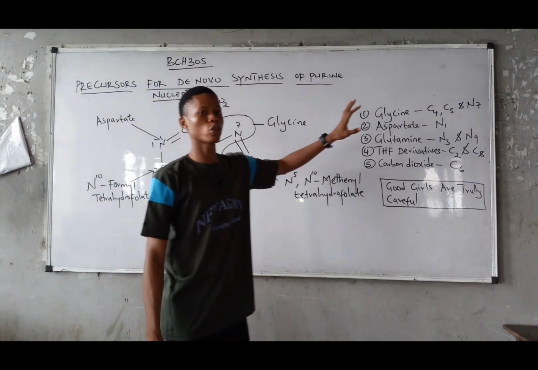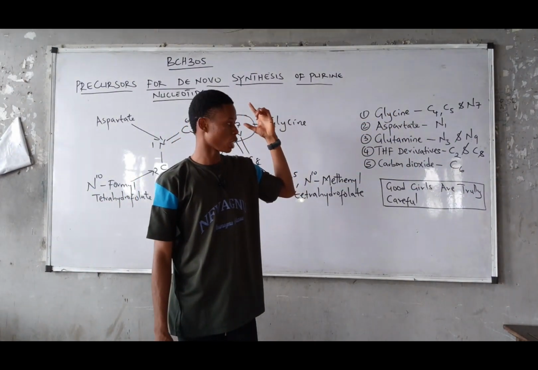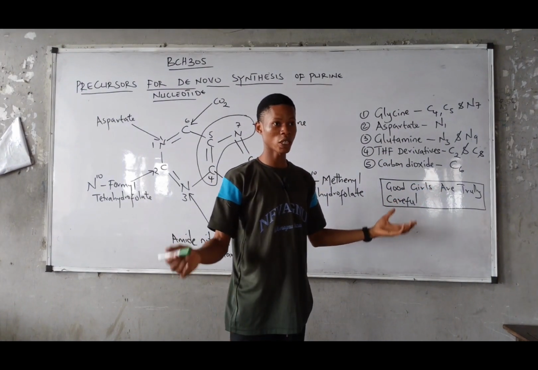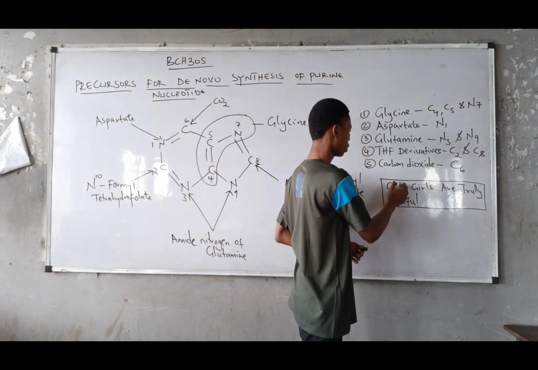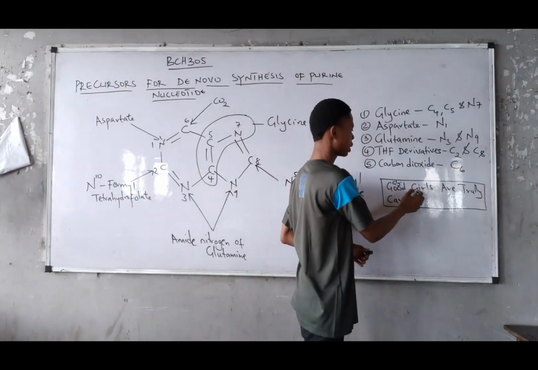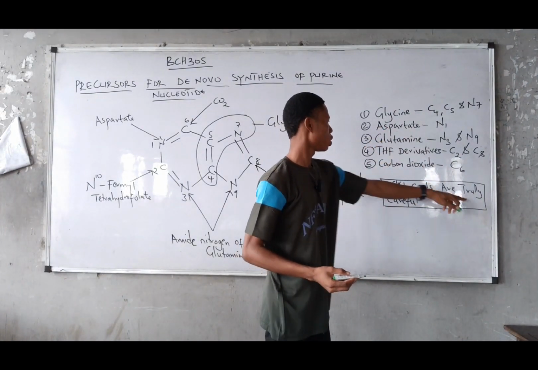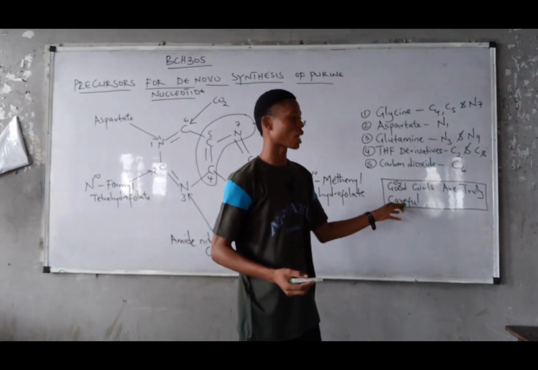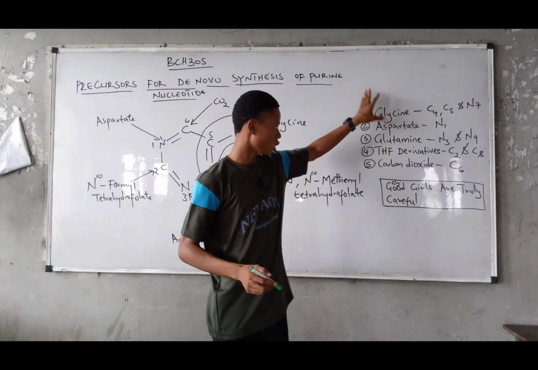Now, to remember the precursors of the purine base synthesis, you can use "good guess, actually careful." Good, glycine. Guess, glutamine. Aspartate. Truly, tetrahydrofolate derivative. Careful, carbon dioxide. So this can give a clue of the derivatives.